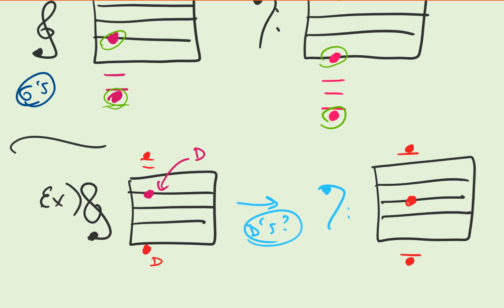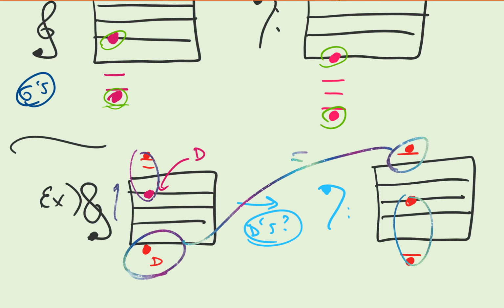So these are all the D's on the bass clef. Now, not necessarily the same ones, of course, because as you know, the treble is above the bass clef. So this D here and this D here are equal, but these two are going to be above and these two are going to be below.